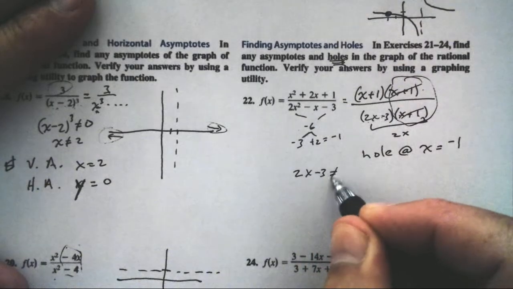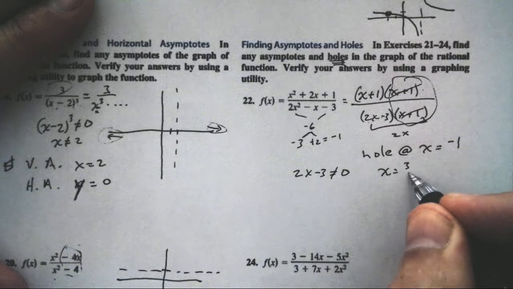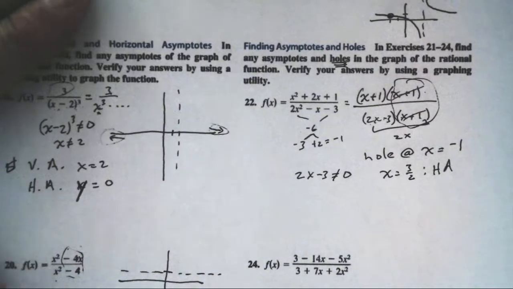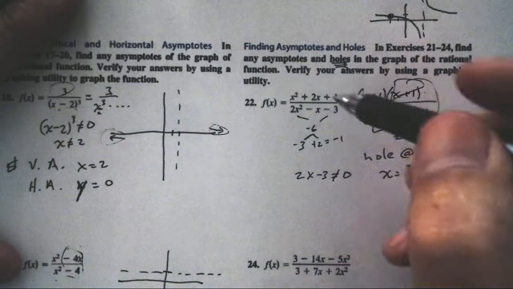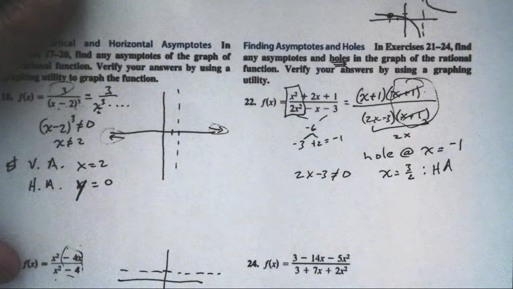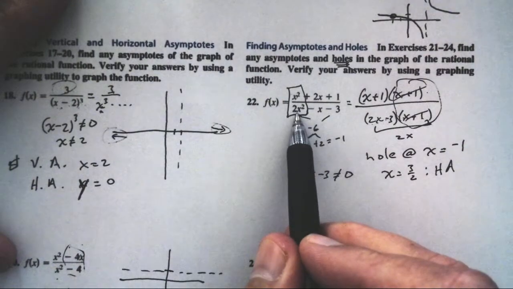Okay, so after that, we take a look at the rest of the denominator. 2x minus 3 may not be 0, so x equals 3 halves is a vertical asymptote. And for horizontal asymptotes, the graph, when we choose big values for x, wants to be x squared on 2x squared.